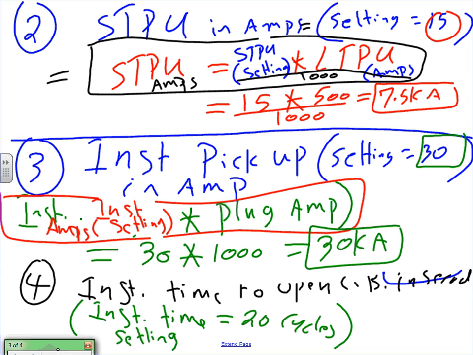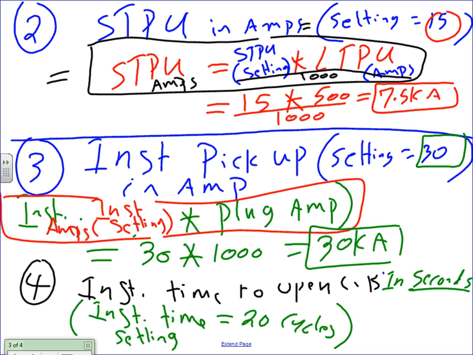I said instantaneous time to open in, I don't know if anybody can read my handwriting, in seconds. This should be seconds, believe it or not. That's just kind of a standard 20 cycles. For this circuit breaker, you can go up to 30 cycles.